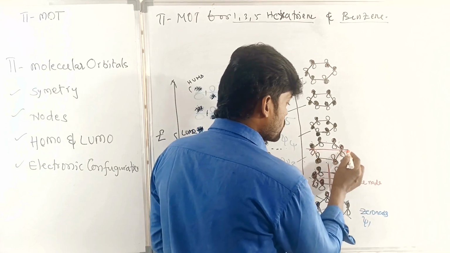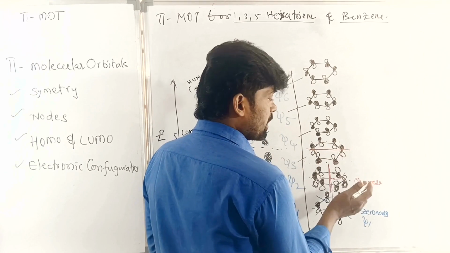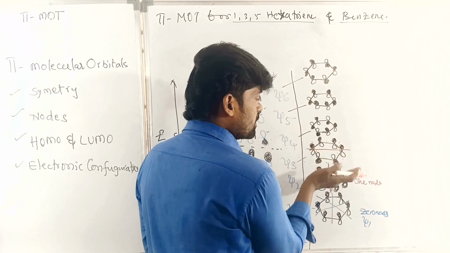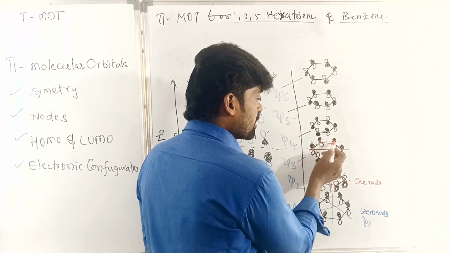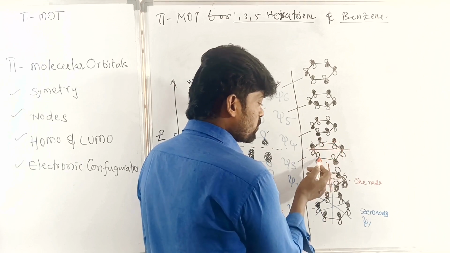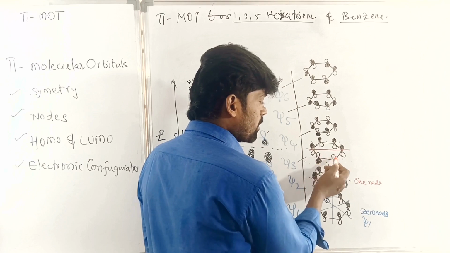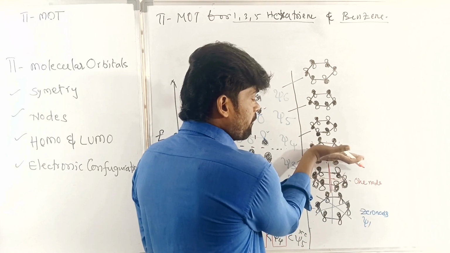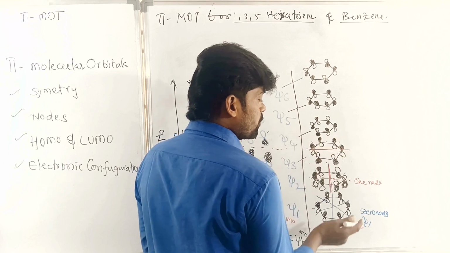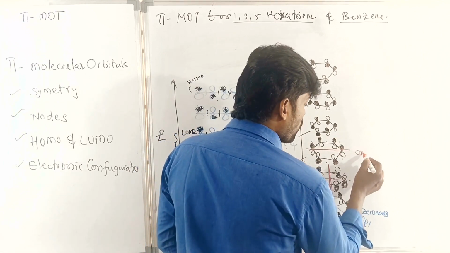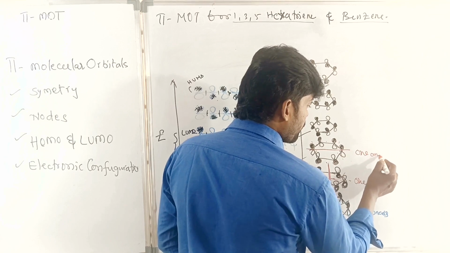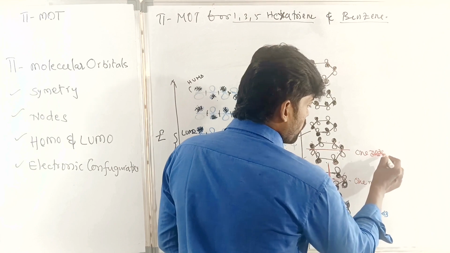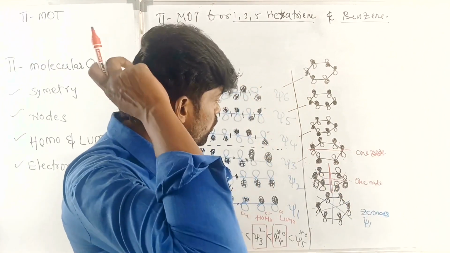If we use this axis, we can cut this molecule into two parts. See, both upsides are shaded, C1 and C6. Downside C3, C4 are different. So with this plane of axis, we can divide them into two parts. Here also, with one nodal plane, we are able to cut this into two halves.